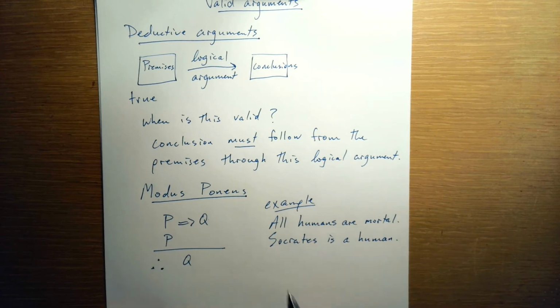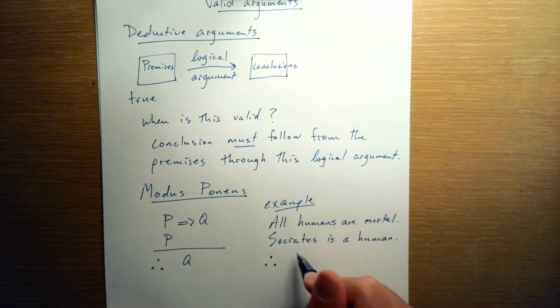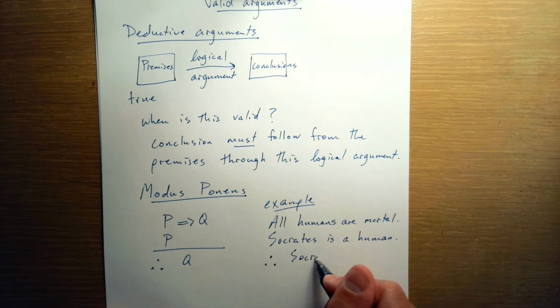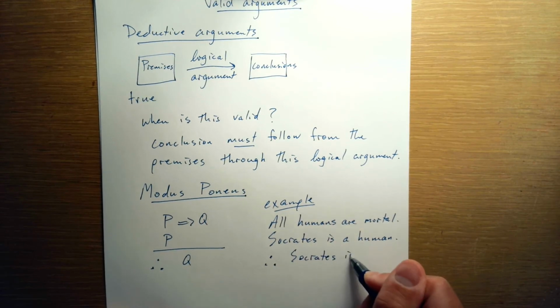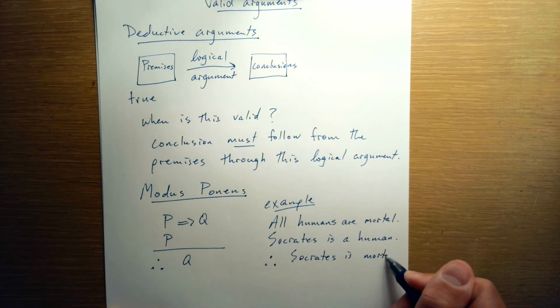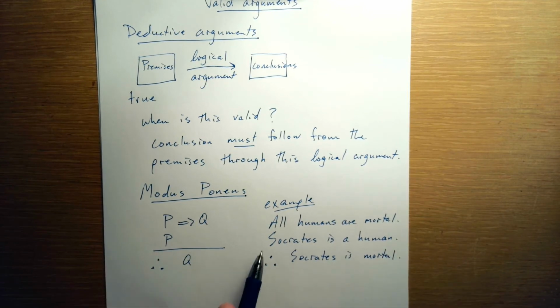That's our P part. Therefore, Socrates is mortal. Simple as that. It's a modus ponens argument. If it's true that all humans are mortal and we know that Socrates is a human, then given this implication, we know that Socrates must be mortal.